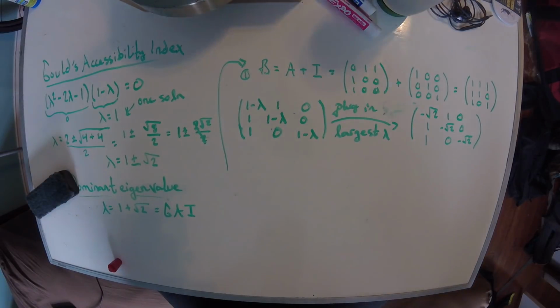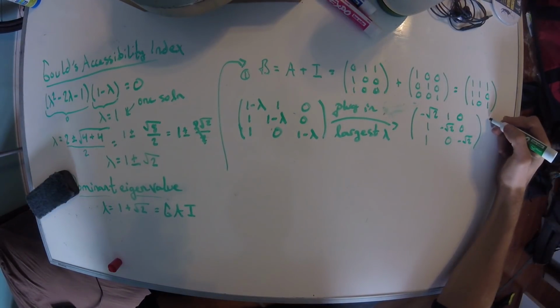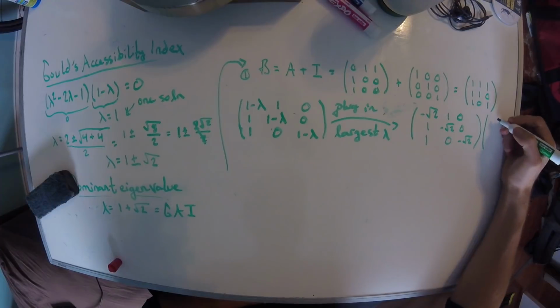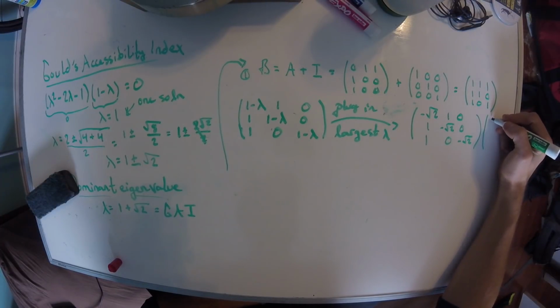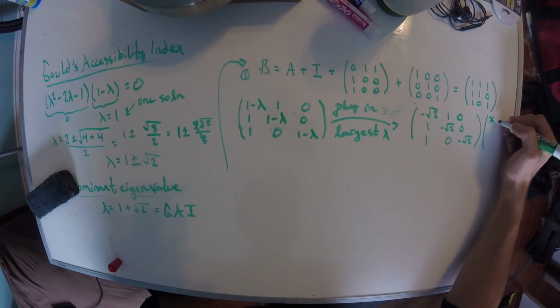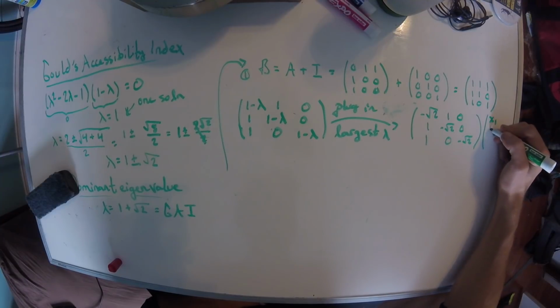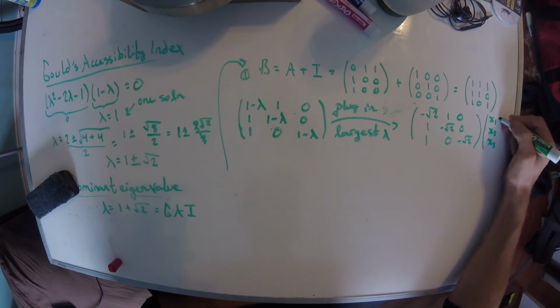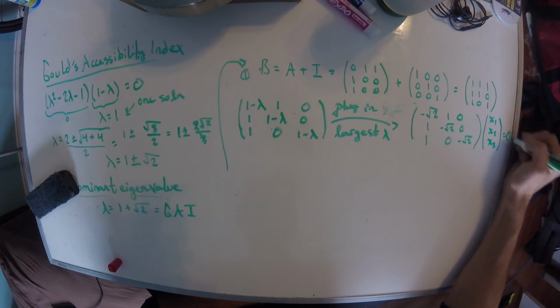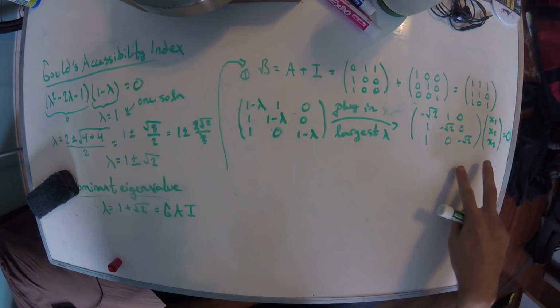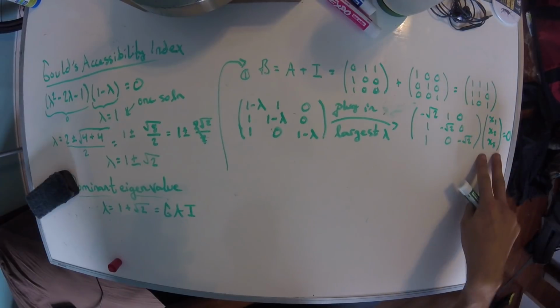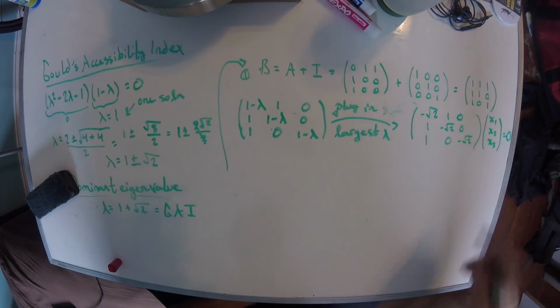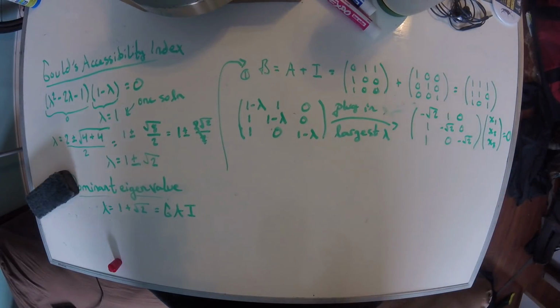Okay, and then what we need to do is we need to multiply this by a vector. So say we have a vector that's like x1, x2, and x3, and we want the multiplication of this matrix by this vector to be equal to 0.